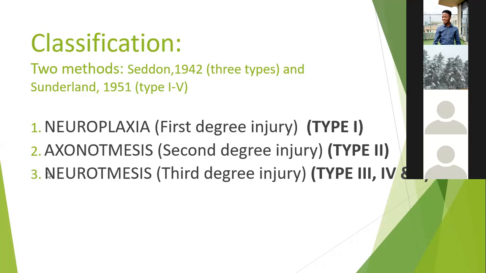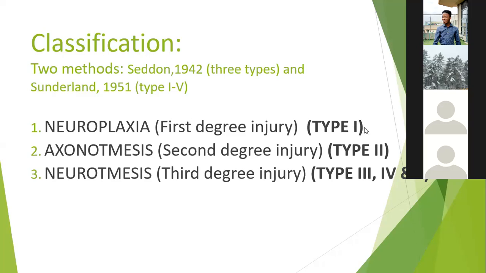Then we have neurotmesis, when you cut the whole neuron. You've cut the neuron and you've cut the different levels of the connective tissues. So if you have only the axon that has been severed, then you have type 2. All the other connective tissues are intact.